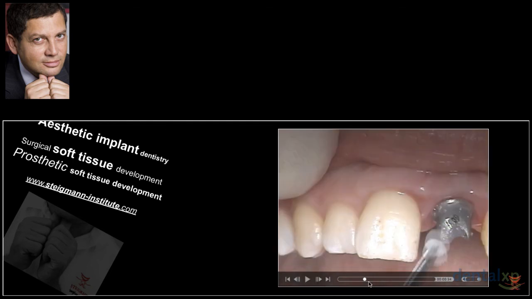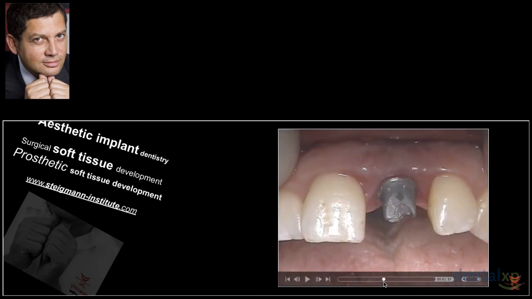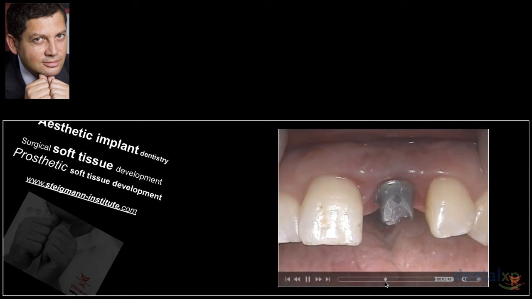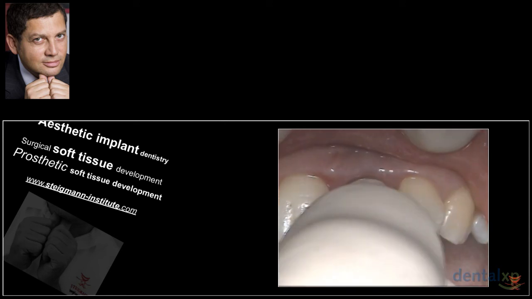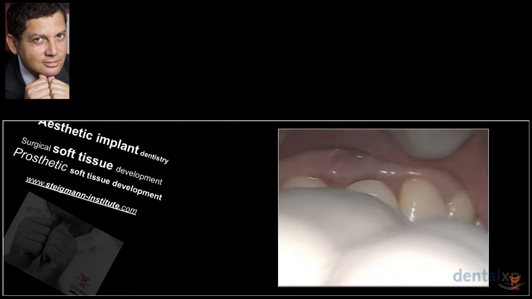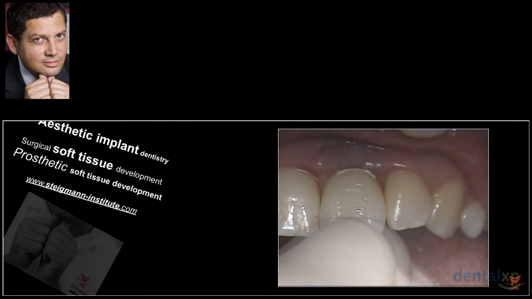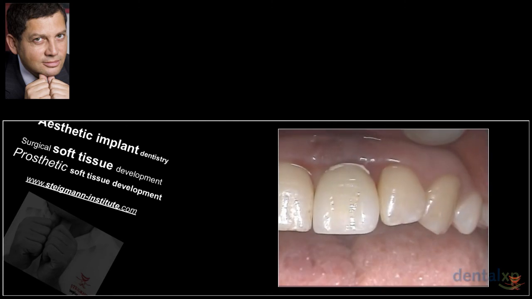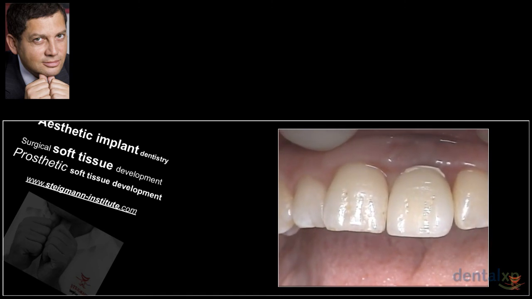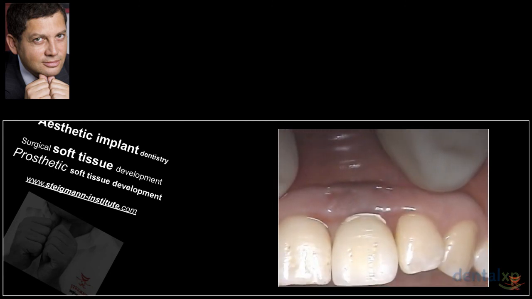So when we look at the aspect first, we're going to reduce that, and then we will position our temporary crown at this level. After placing the abutment in the final position, the crown is then cemented, and as you can observe in the movie, it will be very easy to remove the excess of cement.